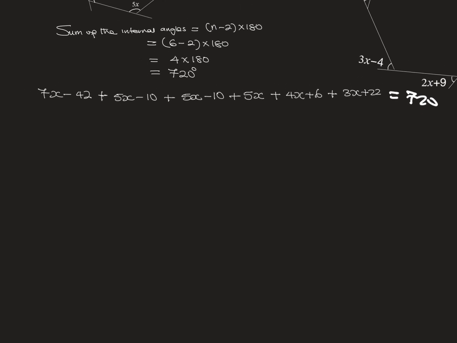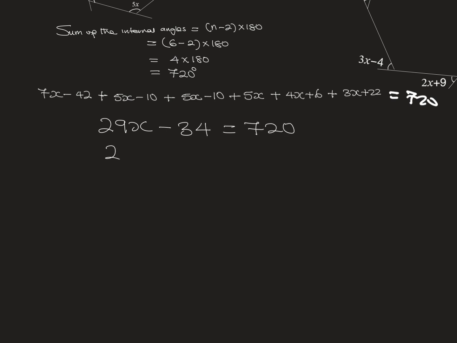So let's add the like terms. 7x plus 5x plus 5x plus 5x plus 4x plus 3x will give 29x. Then for the numbers, minus 42 minus 10 minus 10 plus 6 plus 22 gives minus 34. This is equal to 720.